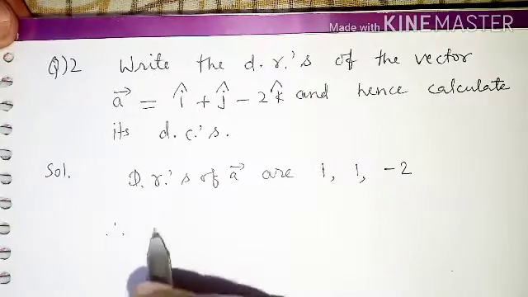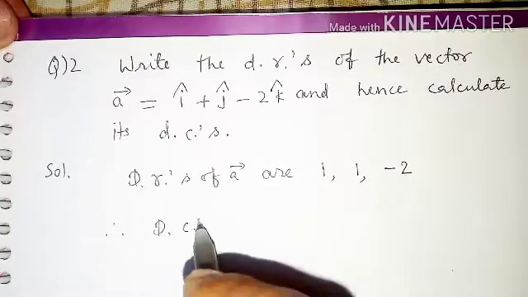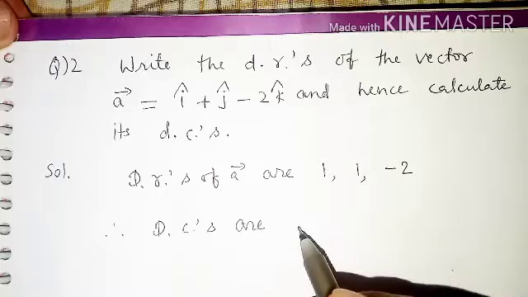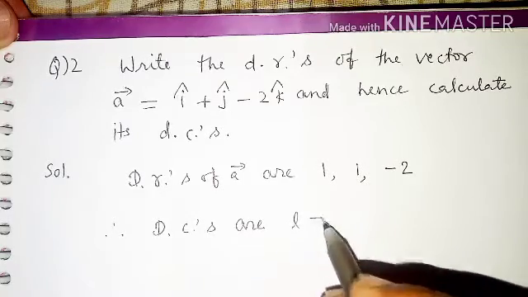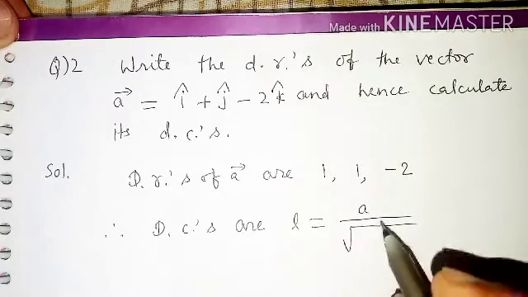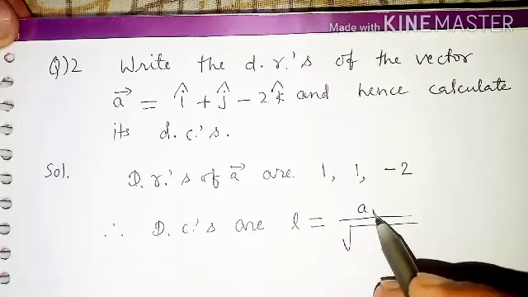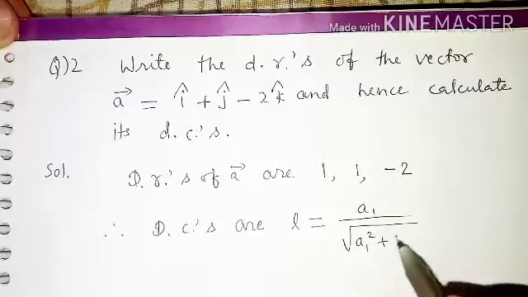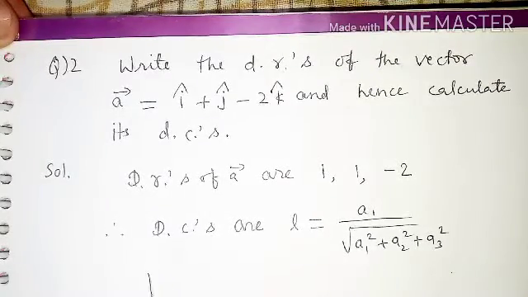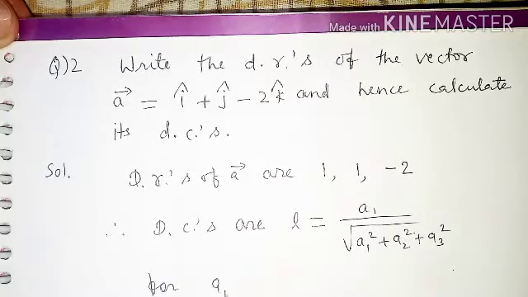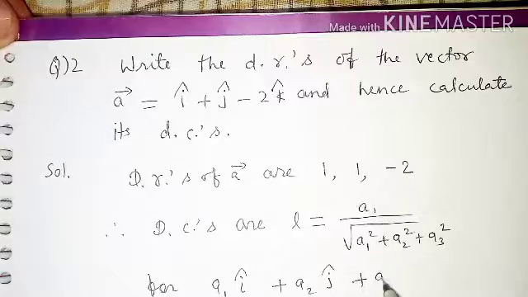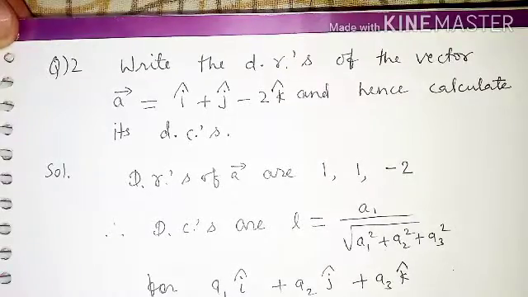Therefore, direction cosines are given by L is equal to A1 by square root of A1 square plus A2 square plus A3 square for A1 i cap plus A2 j cap plus A3 k cap.